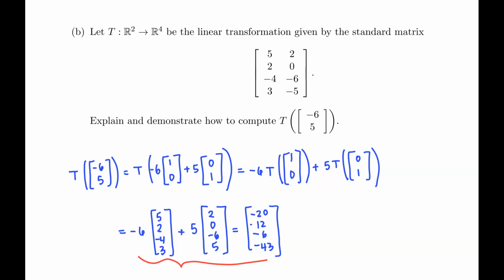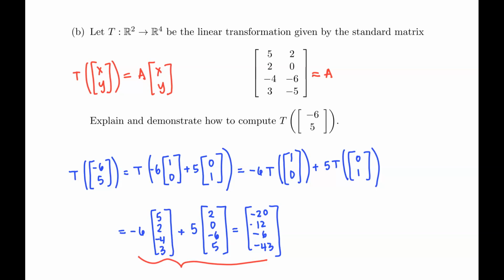The other thing you could have done: if we call this our standard matrix A, we could also express the transformation of any (x, y) as A times that. So you could have done the matrix multiplication to show us this.